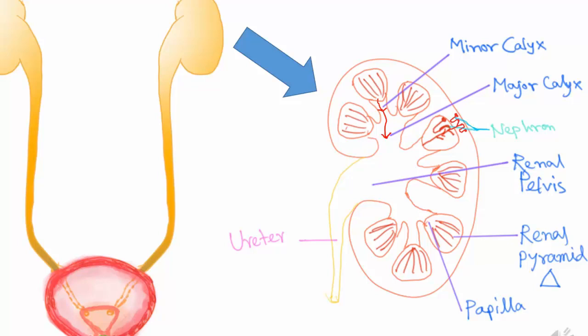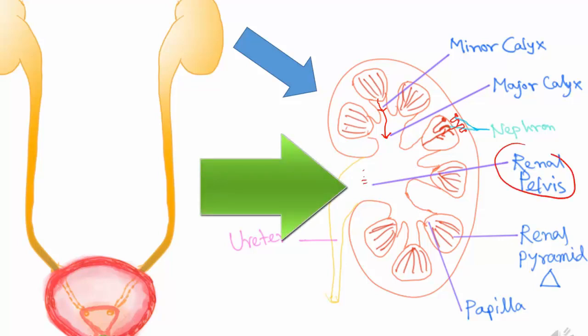Now as urine flows from the minor calyx through the major calyx and to the renal pelvis, you can see this here is the renal pelvis.